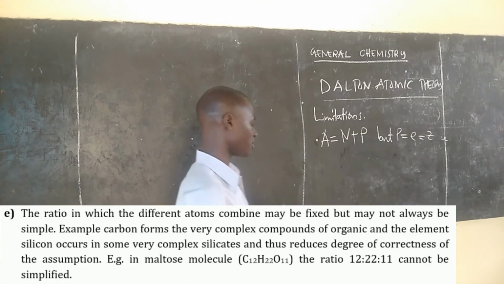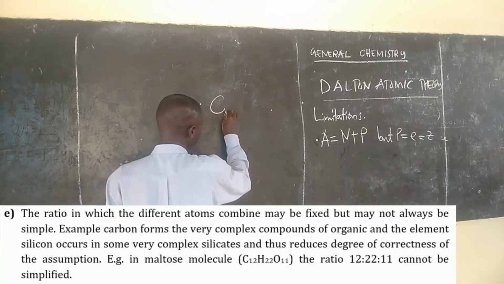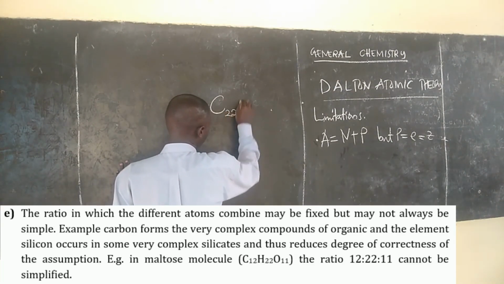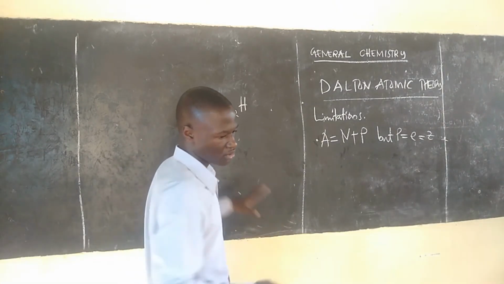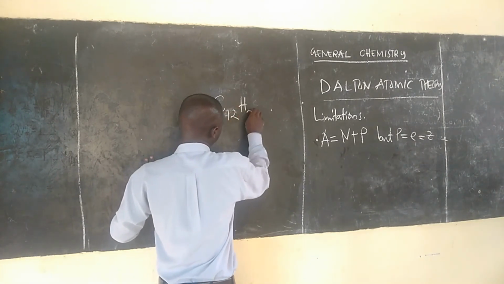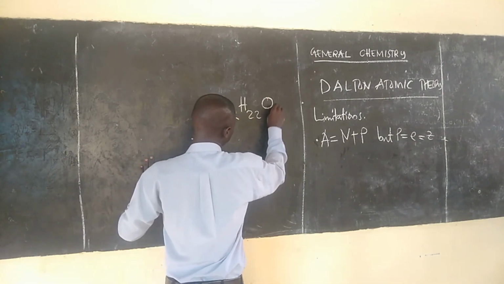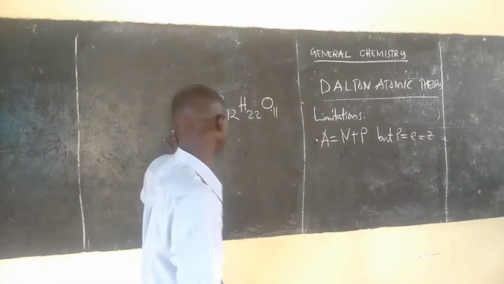Our best example with carbon which we may give is maltose, which is C12, H22, and O11. It's just an example of the ratio.